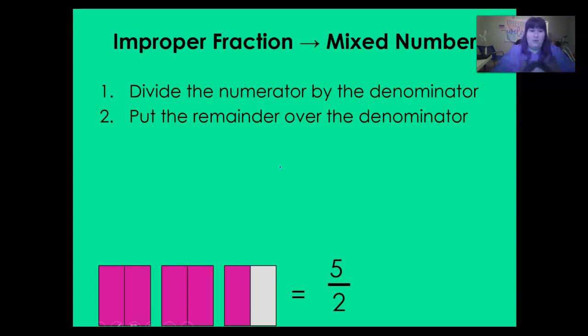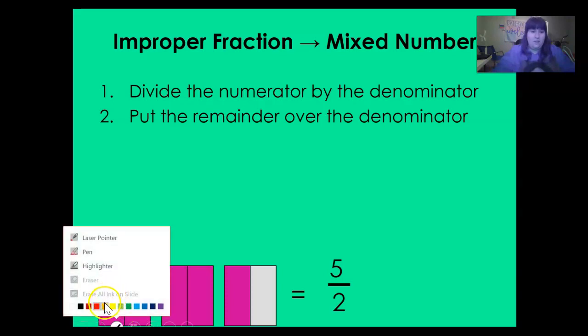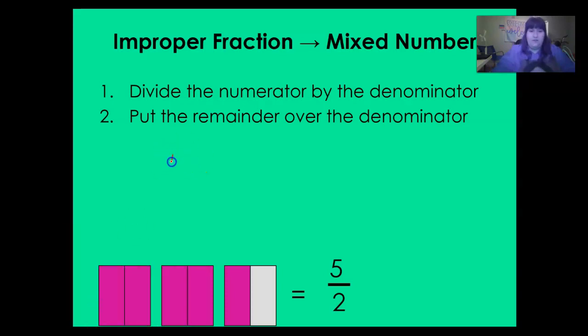Let's see how that will look. All right, so we have 5 halves. We want to turn that from an improper fraction to a mixed number. Well, step 1, divide the numerator by the denominator. So you're going to ask yourself 5 divided by 2.